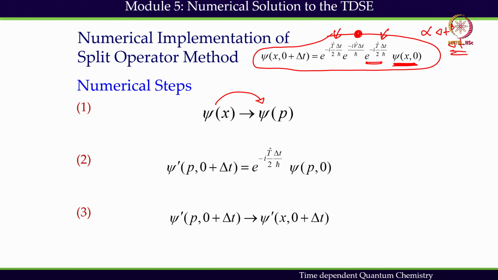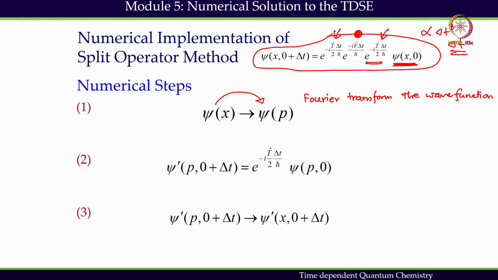So that's going to be the first step, which means the Fourier transform, the position to momentum conversion of the wave function.